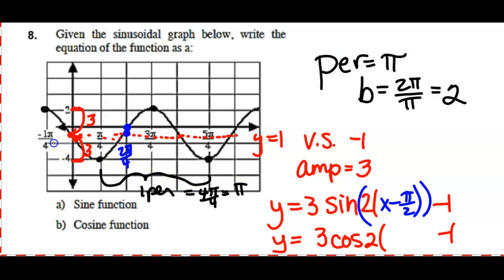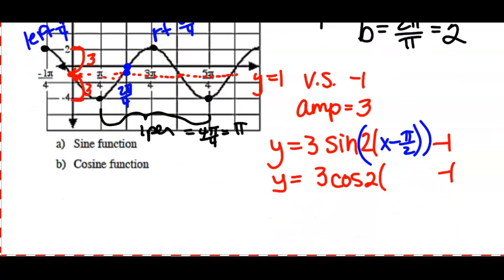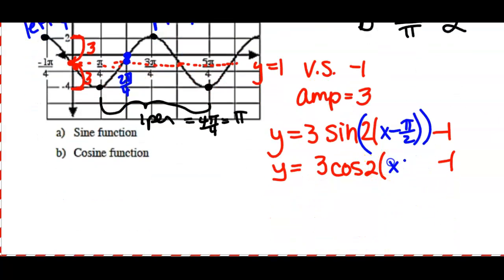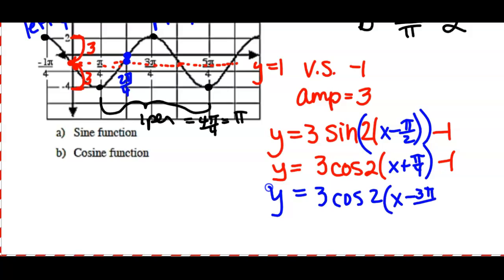If we want to do a cosine, you could say it shifted left pi over 4 or right 3 pi over 4. Either one will get you a maximum. So we could say left pi over 4 or right 3 pi over 4. All right, and the sine graph, we could have done a negative sine or something, but we're all good.